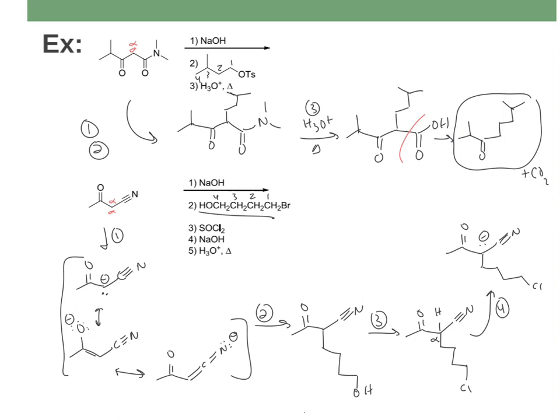And what's kind of cool about this is that this enolate, this negative, can then attack that chlorine, which is doing an intramolecular reaction, to give us a cyclic compound. So this will be 1, 2, 3, 4 carbons. So I end up making this 5-membered ring.